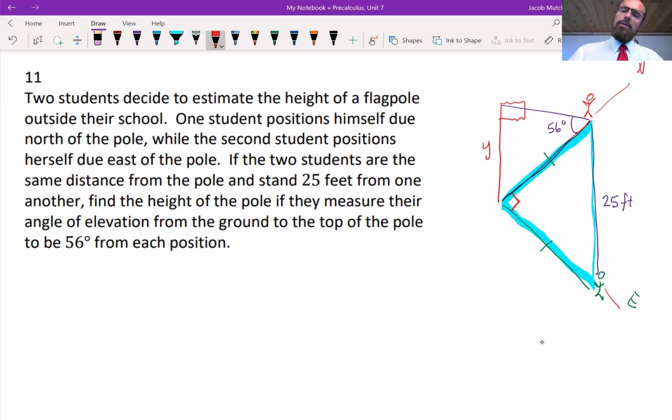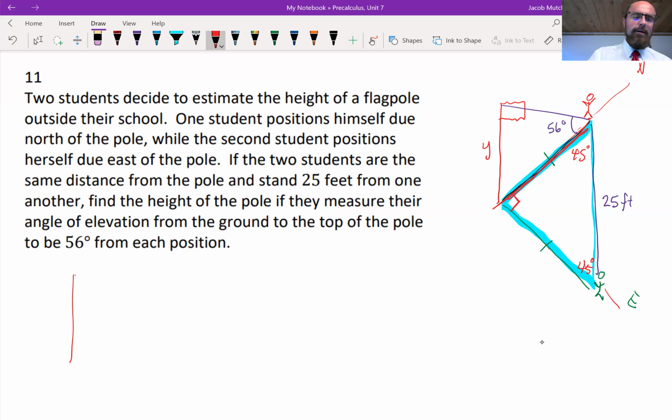Because these sides are perpendicular, they're also congruent. I was told that that's the same distance from each student to the base of the pole. This is a 45, 45, 90 special right triangle. So if I think about how to get from 25 feet over to this horizontal distance between the first student and the pole, that's going from the hypotenuse to the leg.